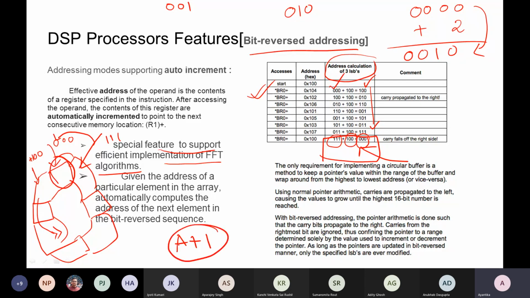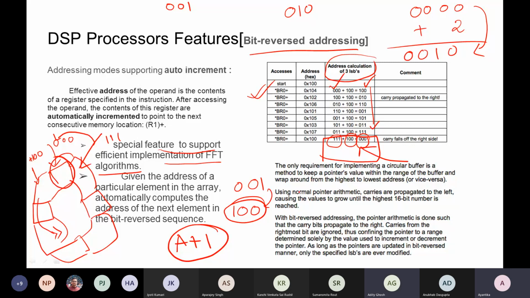That is my traditional concept of processor addressing. But here, except 001, we are bit reversing and adding 100, and that way we are getting access to this ring length representation. That's why bit reverse.